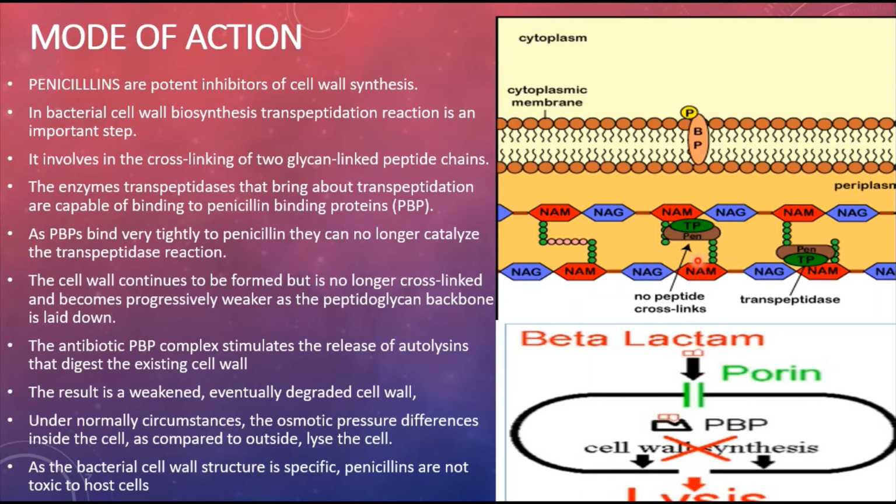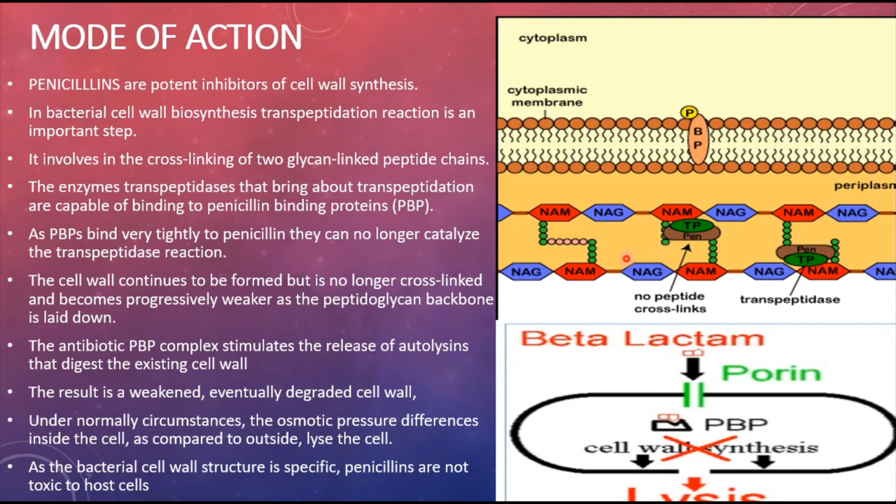For example, if we do not keep cement in between the bricks, the wall is not going to be held as a strong structure. In the same manner, the penicillin binding proteins are not allowing the cement to be present in between the bricks.